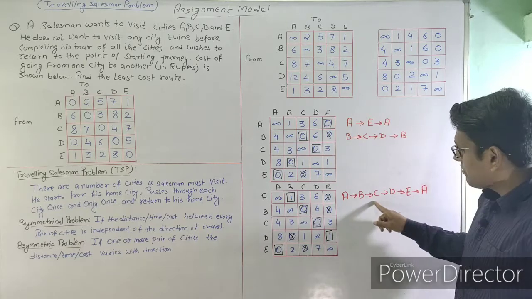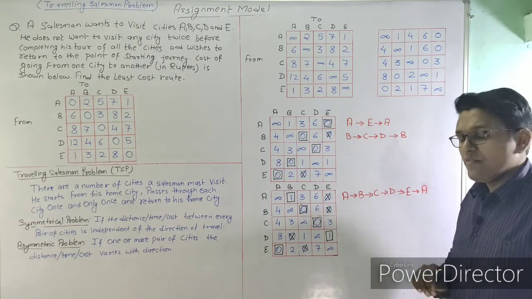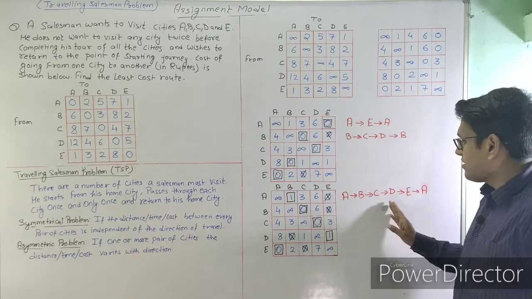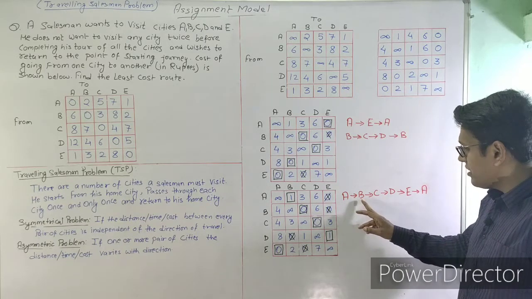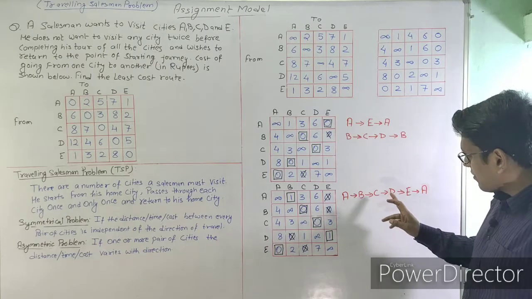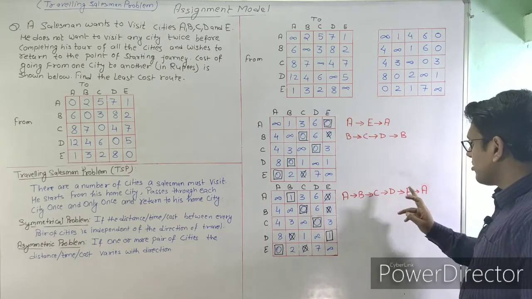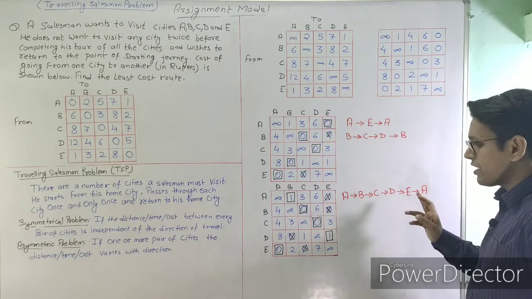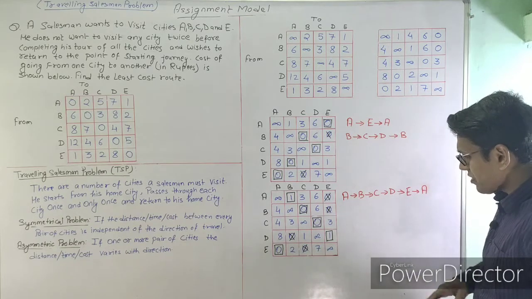So this is the sequence, and the starting position of the salesman can be any of these cities. If it starts from B, it will be C, D, E, A, B, and if it starts from D, it will be D, E, A, B, C, and D again. So this is the format.